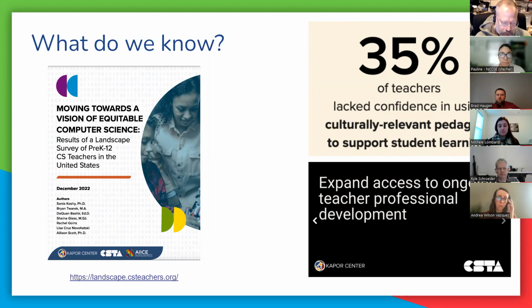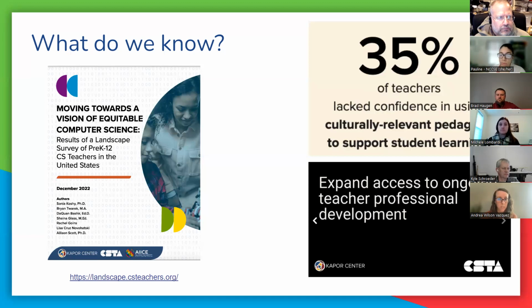A couple of real big takeaways that have stuck in our project's mind as we've been working is that 35% of teachers reported that they lacked confidence in using culturally relevant pedagogy to support student learning. And this is computer science specific. So thinking about using an equity lens as we're thinking about how to work with teachers, we know that developing confidence in using culturally relevant pedagogy needs to be a real big focus.